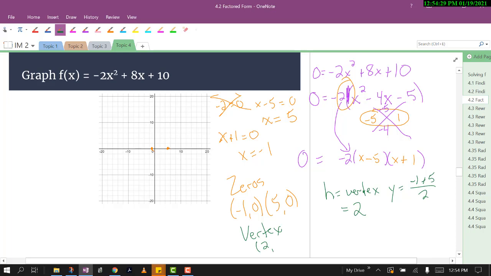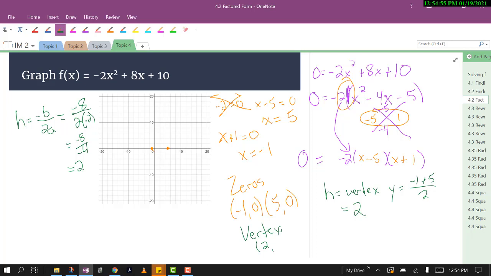Of course, we could always find our h a different way as well, doing negative b over 2a, which in this case is negative 8 over 2 times negative 2. That's negative 8 over negative 4, which is positive 2. That's exactly what we got. Both methods probably are just as easy as each other. Choose whichever formula you can remember.